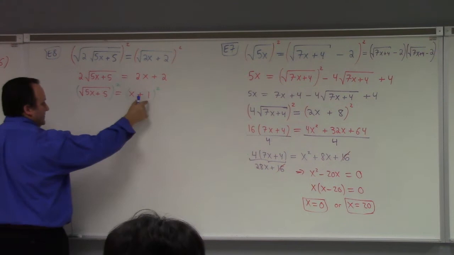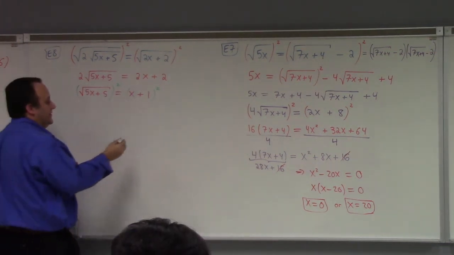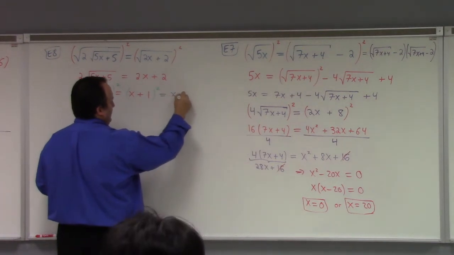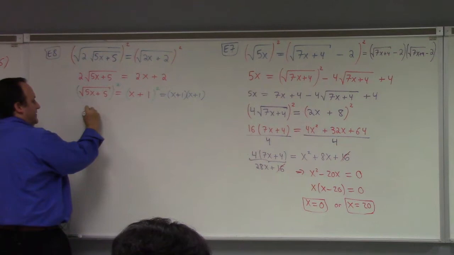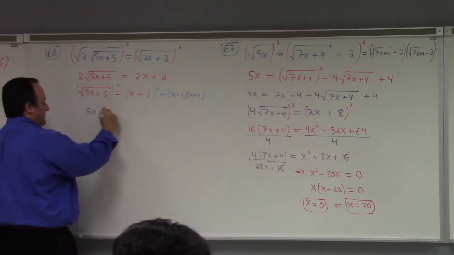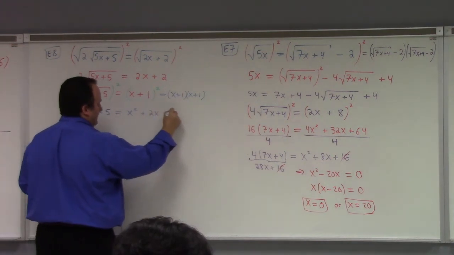When you square this out, we have to think about foiling it out, right? x plus 1 squared is x plus 1 times x plus 1, right? Which means what we have here is 5x plus 5 equals x squared plus 2x plus 1.